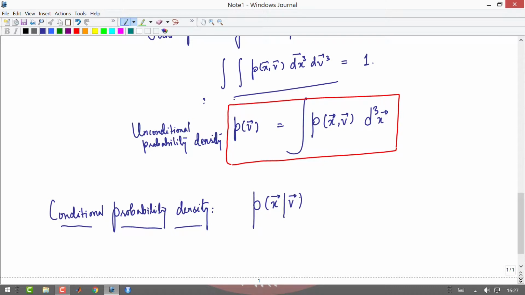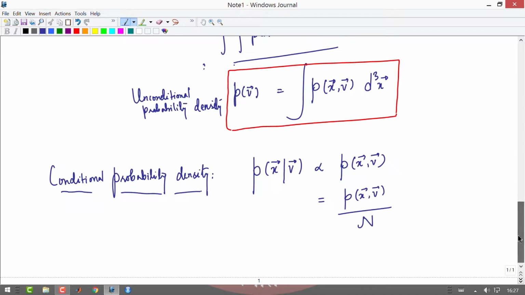This is called the conditional probability density, and it is definitely proportional to your joint probability density, because that is my total information, and the equality can be taken by dividing this by a norm. Now, how do we determine the norm? The norm can be defined by demanding that the conditional probabilities are normalized.